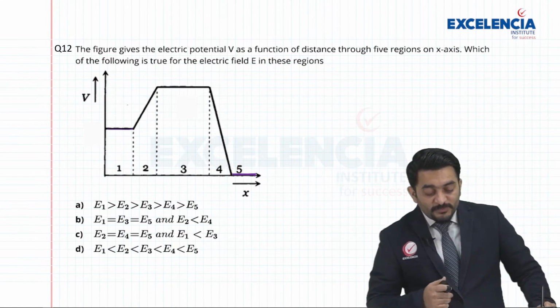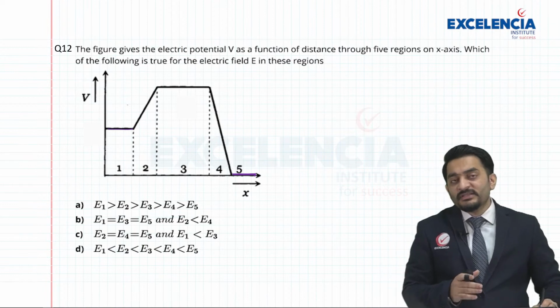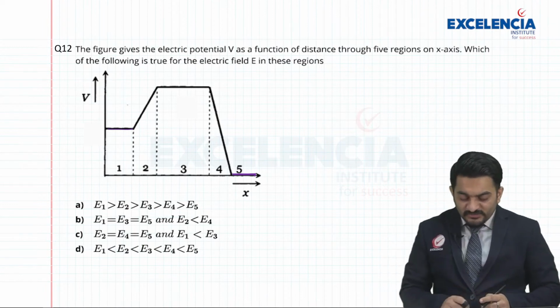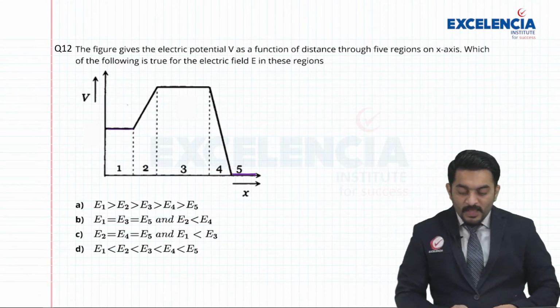You should be able to relate potential and electric field, because in this question the graph has been drawn for the potential and we have to give the relation for electric field. Not a problem.